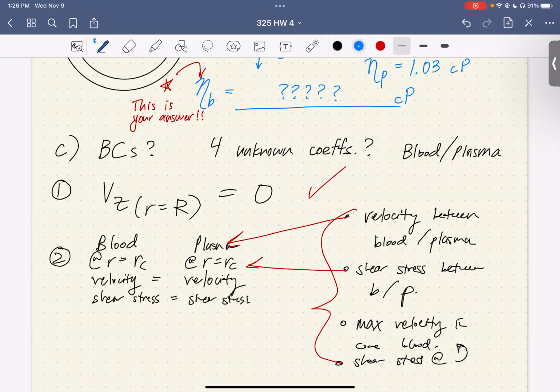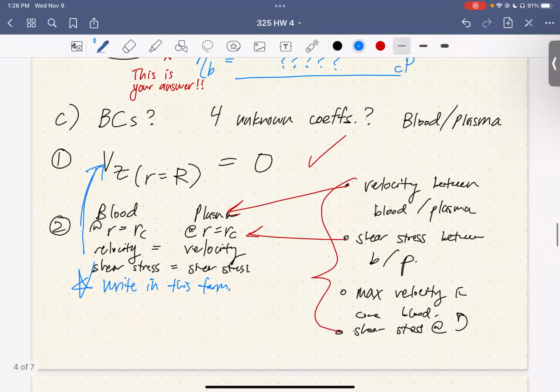Please write it out in this form right here. Sorry, the arrow should be going the other direction. Right in this form.